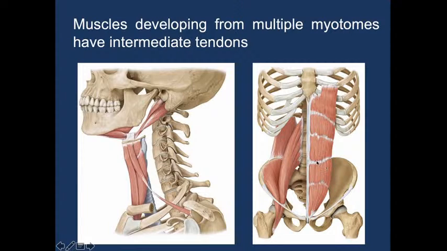It is a connection we call in Latin interconnection tendinous on the surface of muscles. It means that the muscle was developed from 1, 2, 3, 4, 5 myotomes combined together to make one muscle.